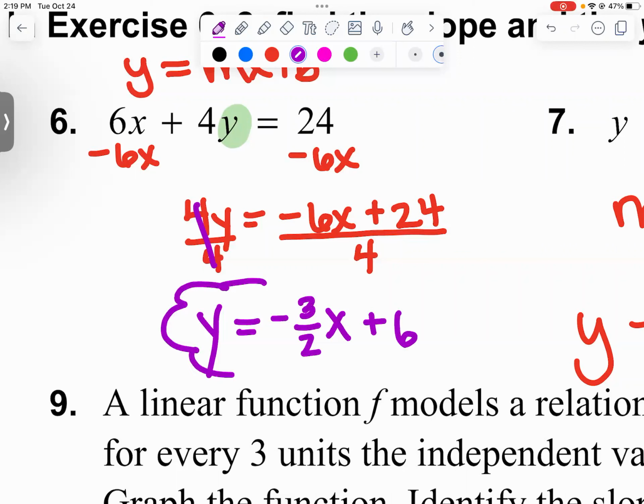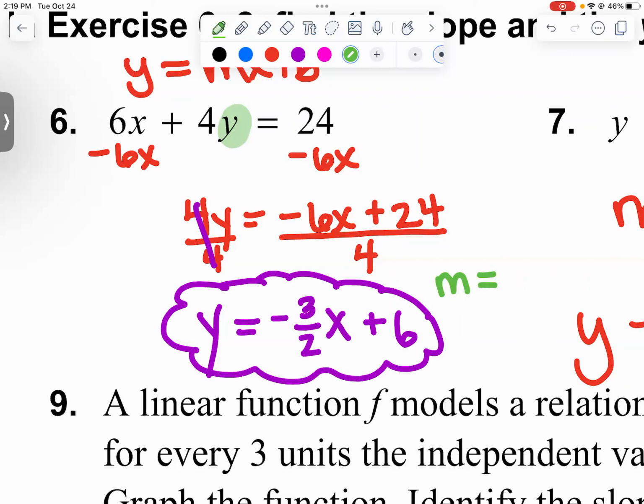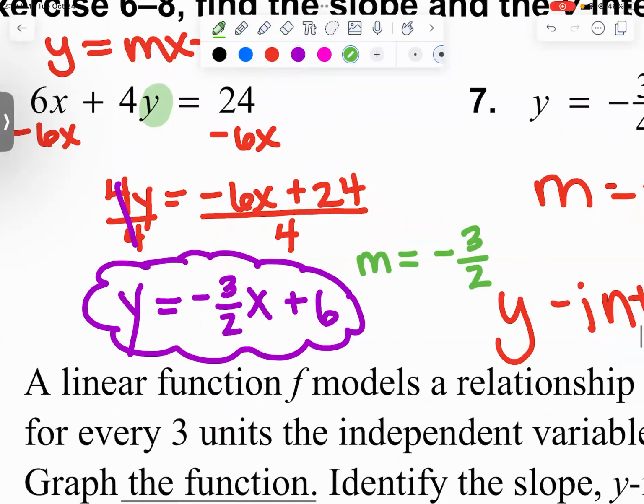So here is y equals mx plus b, where we can identify our slope to be negative 3/2. Please say 3/2. And we can identify our y-intercept to be the coordinate 0, 6.